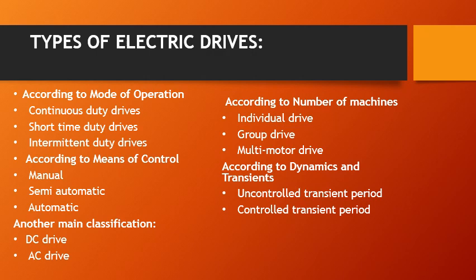Another main classification is DC drives and AC drives, depending on the source of input. According to the number of machine connections, they are classified as individual drive, group drive, and multi-motor drive, and according to dynamics, that is dynamics and transient conditions, uncontrolled transient period and controlled transient period.